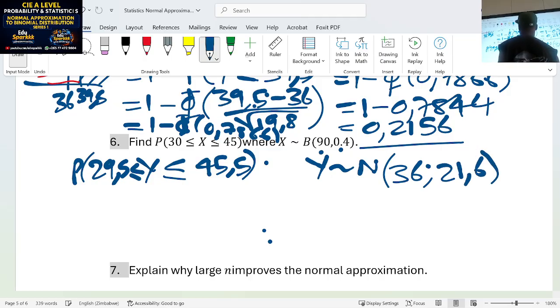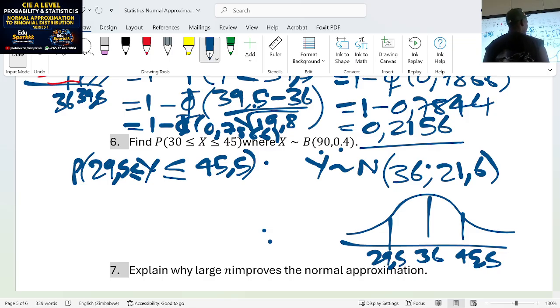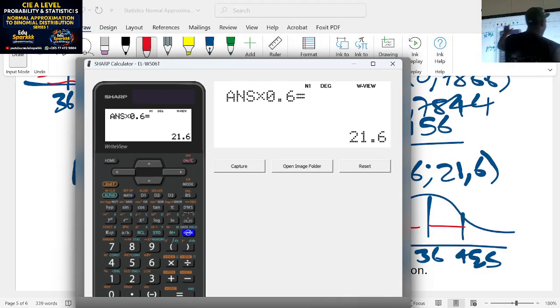Then when I do my sketch, because I want to check if there's symmetry. If there's no symmetry, then I know the formula to use. So I'll draw my sketch to say, but this distribution is symmetrical about 36, and I'm interested in 45.5 there and 29.5. So let me try and do a computation to check the differences. In other words, I'm interested in these differences to say, do they bring symmetry? So let's check.